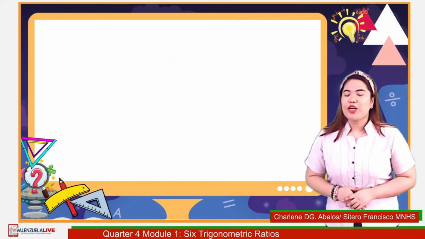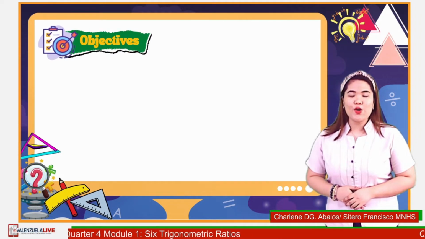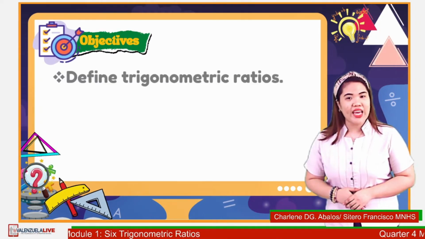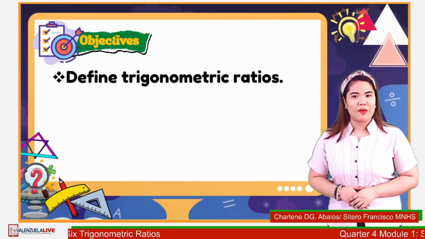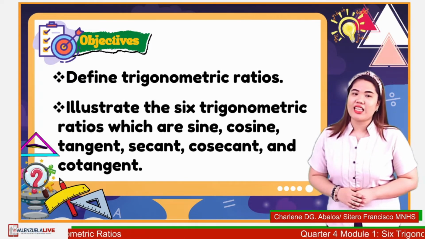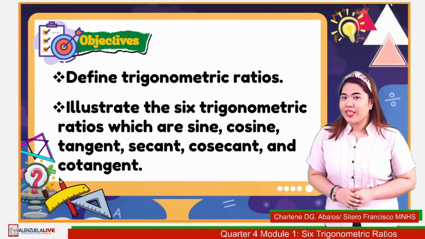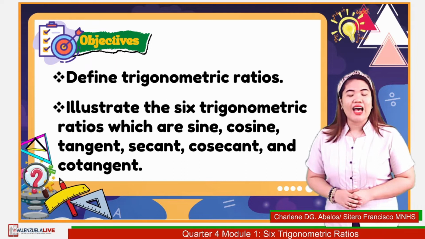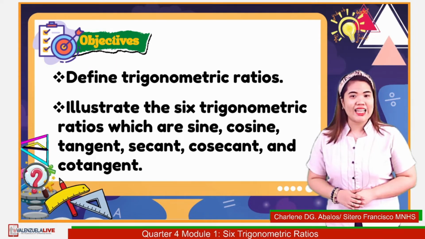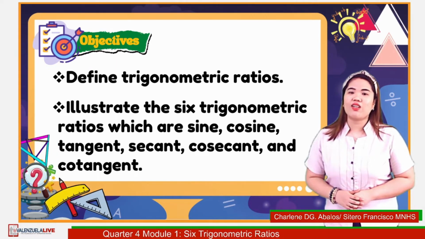Great. For today's objectives, you must be able to define trigonometric ratios and illustrate the 6 trigonometric ratios, which are sine, cosine, tangent, secant, cosecant, and cotangent.